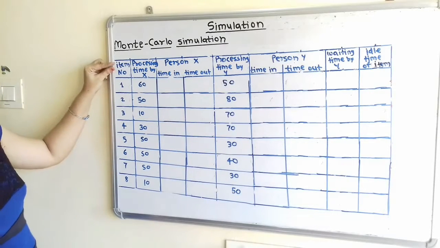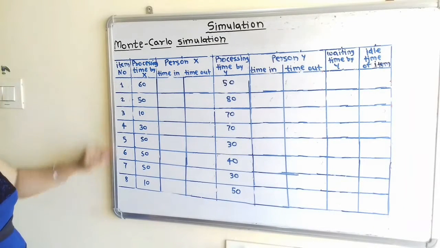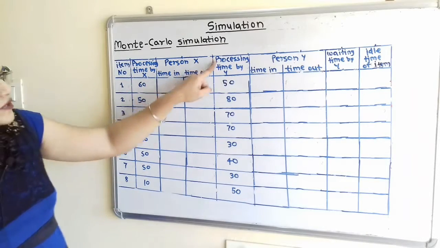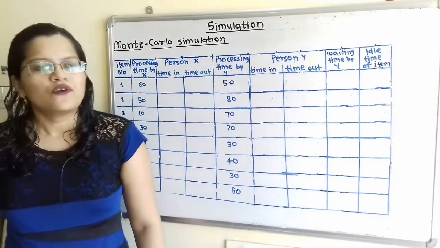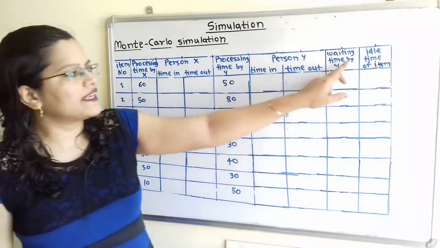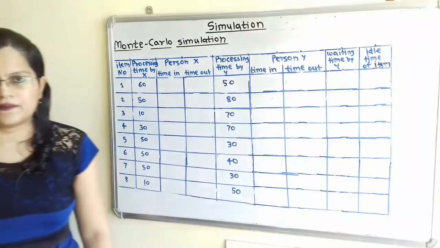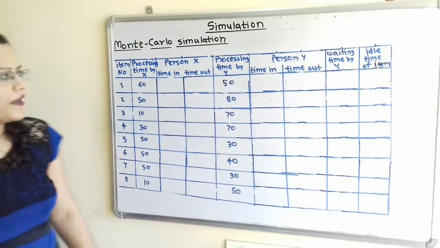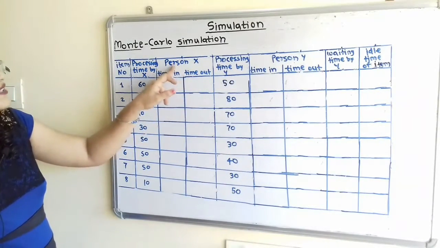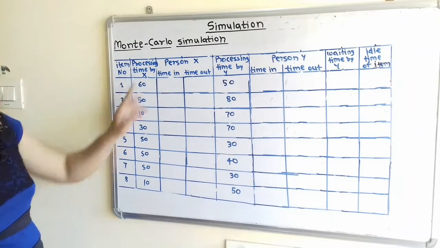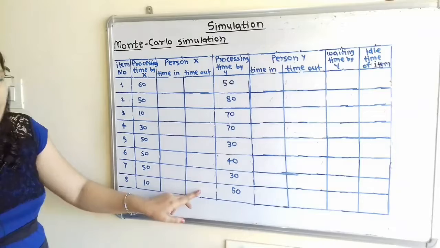Here the item numbers are given from first to 8th, and here are the processing time by X and the processing time by Y. We have to find out the waiting time by person Y and the idle time. So we have made two columns: the time in for all of these items to the person X and the time out.